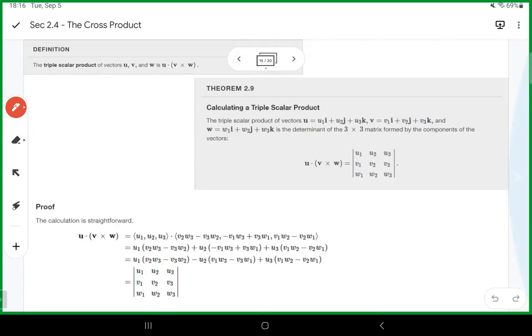So they show it to you here as well. And then they also give you the proof. So if you didn't want to believe them, they then proved it for you as well.